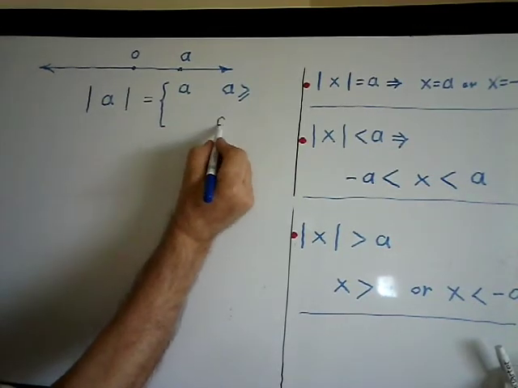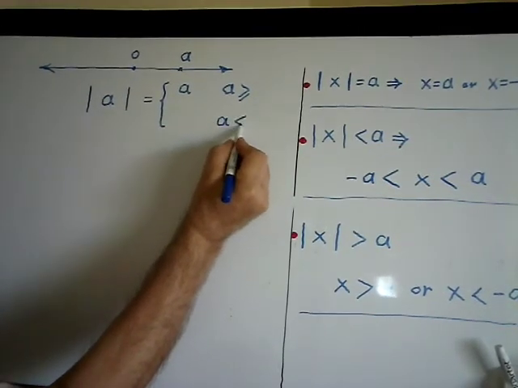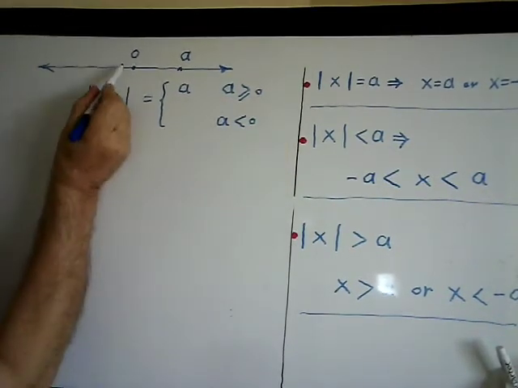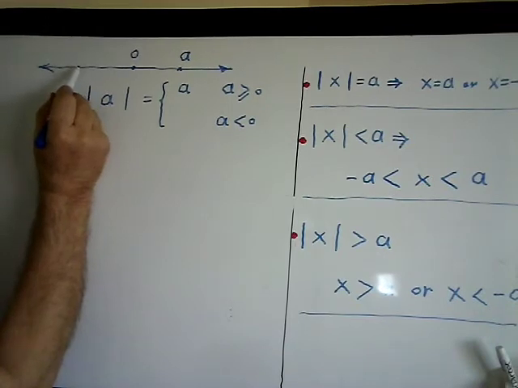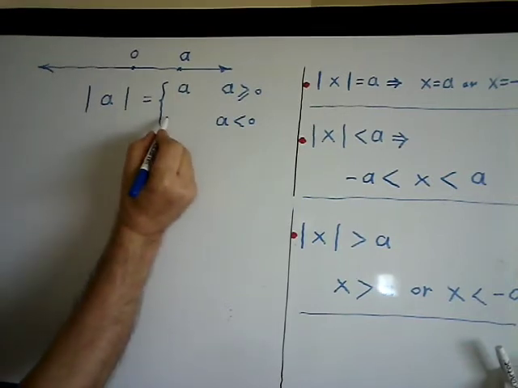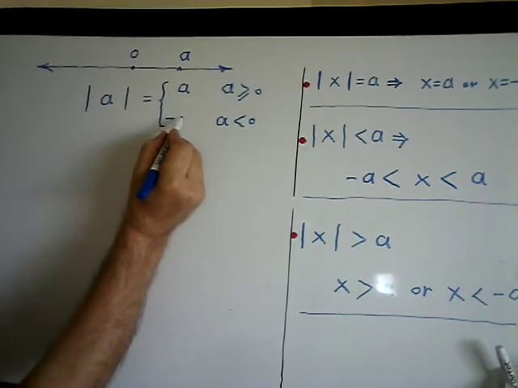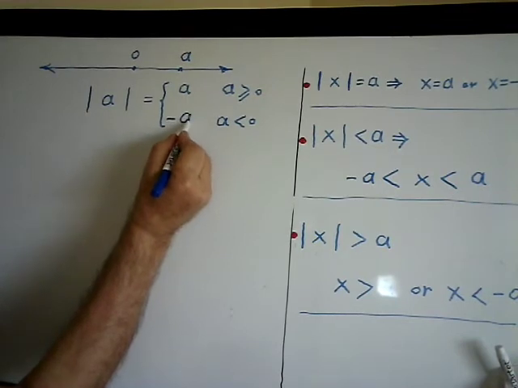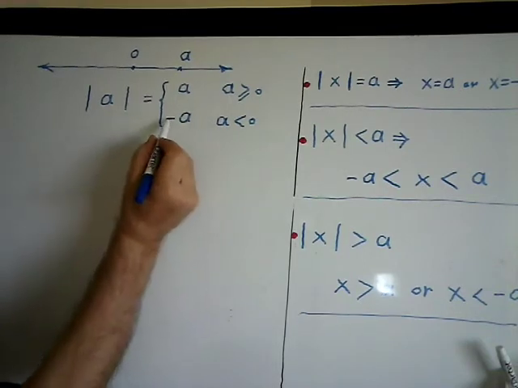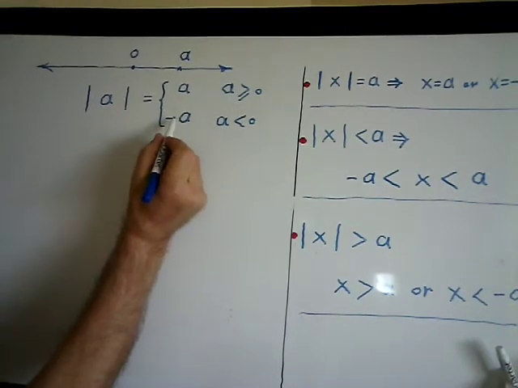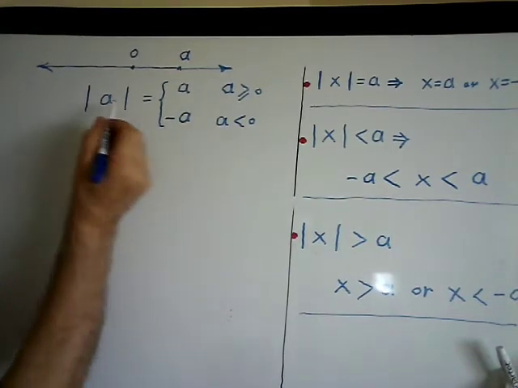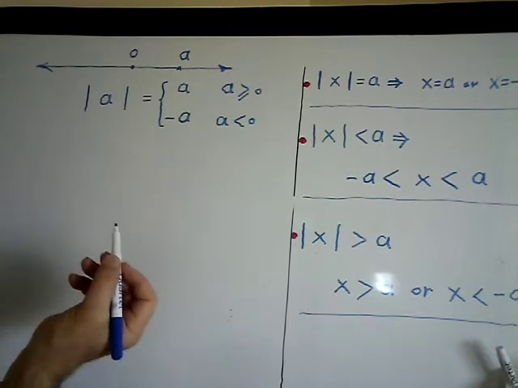When A is negative, I mean on the negative side of the origin, it will be negative A to make it positive. That means we put here negative to be multiplied by negative, negative by negative gives a positive, which is the meaning of the distance or the absolute value.